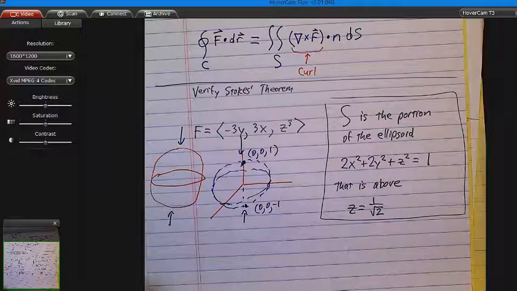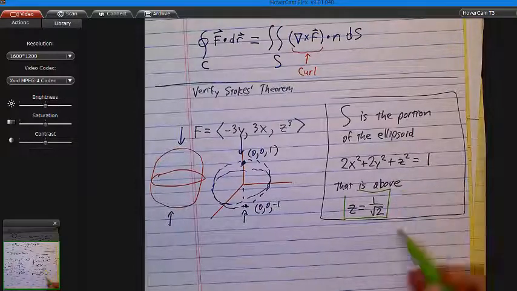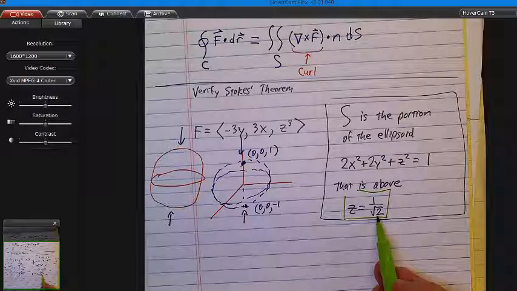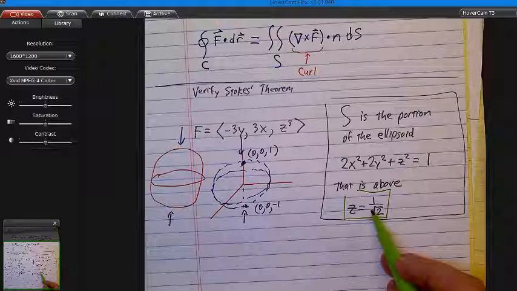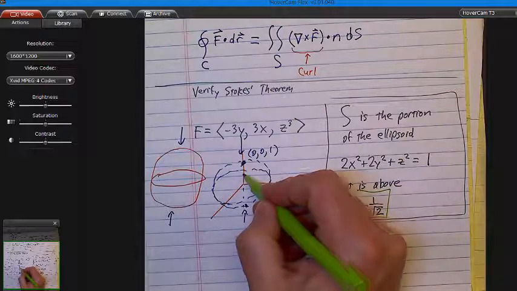now I need a way of representing the plane. So where is 1 over square root of 2? Well, that's higher than 1/2, right? Because the square root of 2 is smaller than 2. If the square root of 2 is smaller than 2, I'm dividing by something smaller. So let's see, here's 1/2. Here's a little bigger than 1/2.